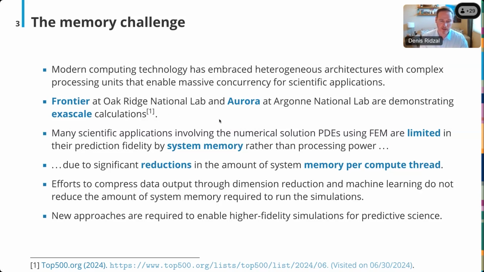This is really due to what I would describe as reductions in the amount of system memory per thread over the last 10 or so years. And so new approaches are required to address this challenge.